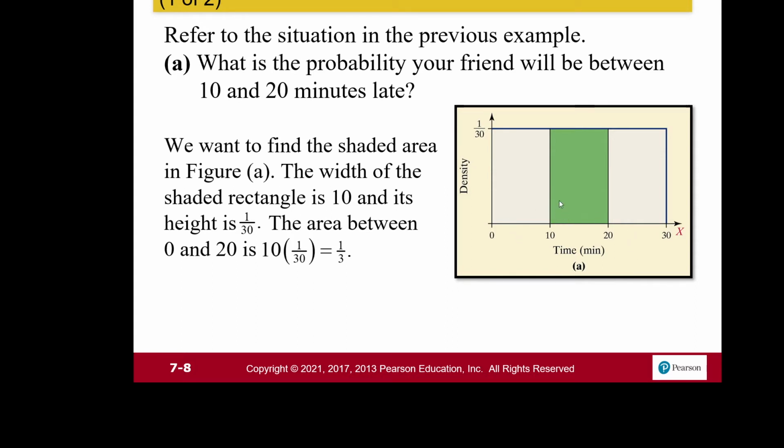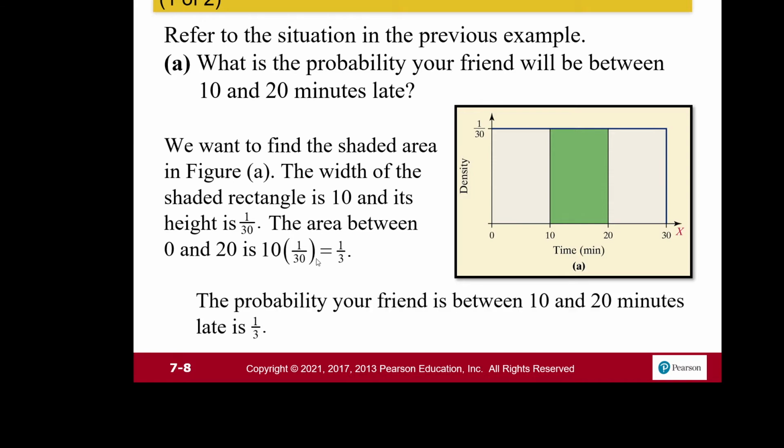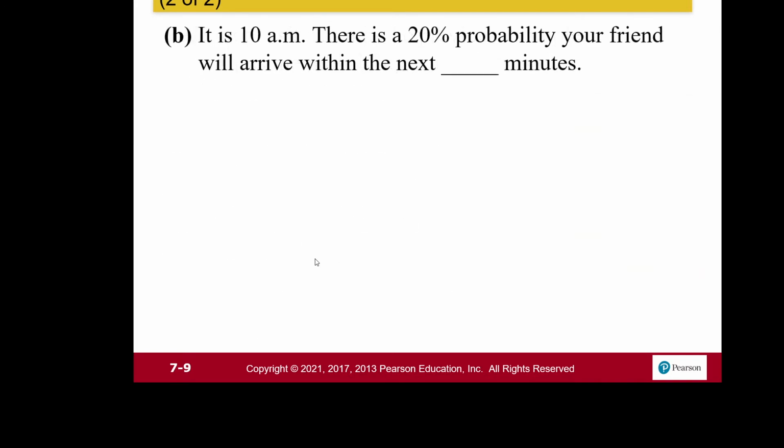And we know that the height of that rectangle is 1/30th, and the width, the difference, is 10. So 10 times 1/30th, which turns out to be 1/3, which is about 0.33, a 33% chance.